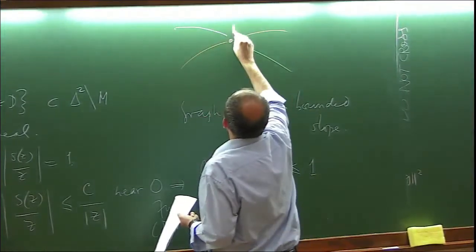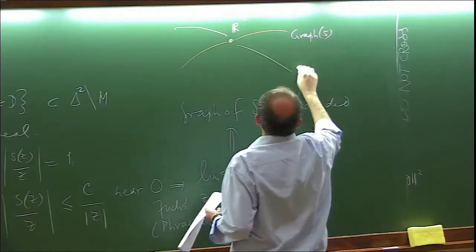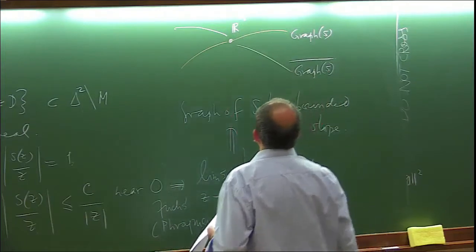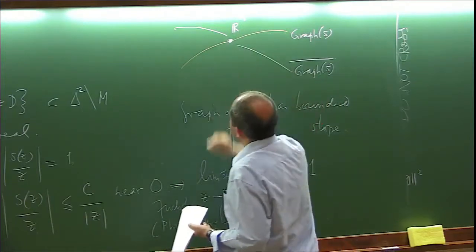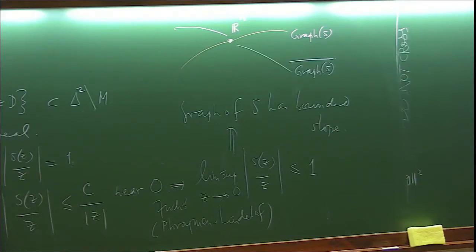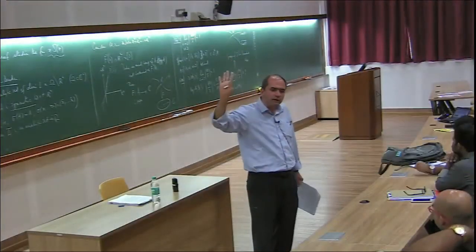This is Rn, graph S conjugate. Okay? So this is a removable singularity. Now you take a point on Rn, say the origin, and try to understand what the tangent cone is going to be to this variety.